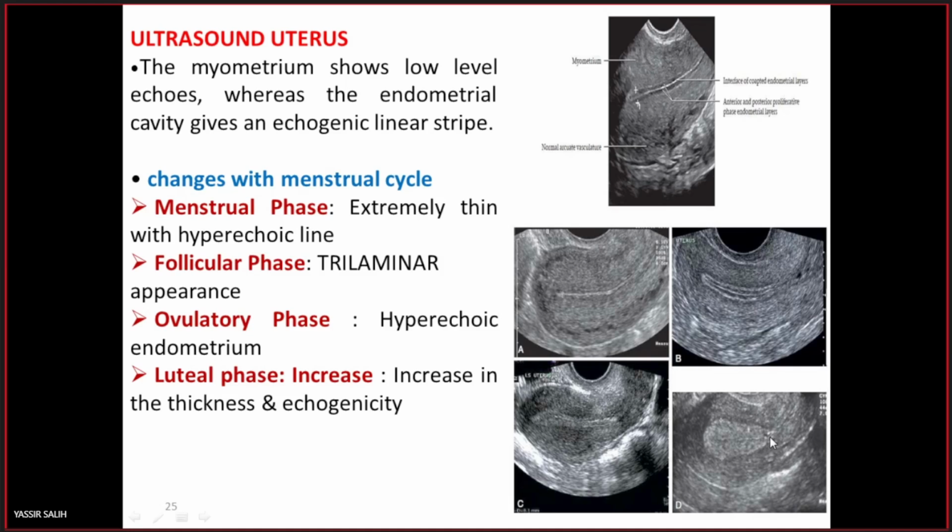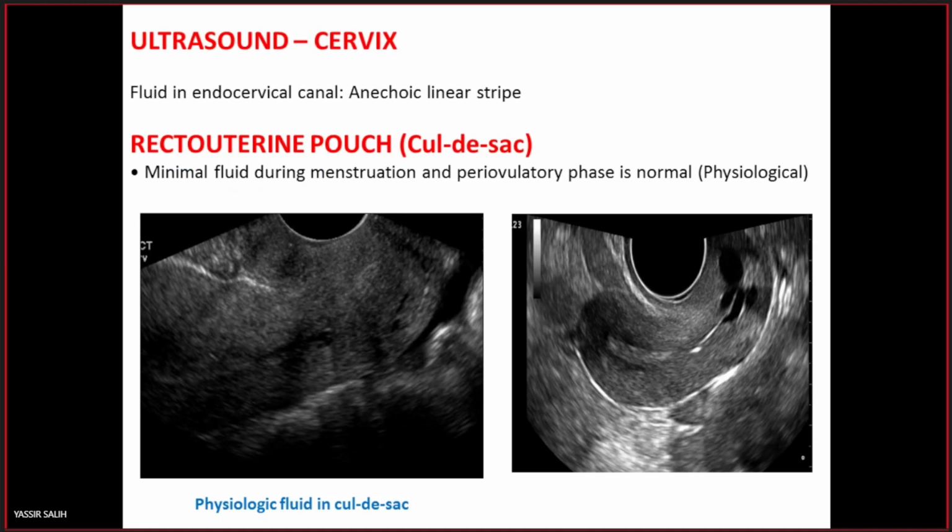In the luteal phase, the endometrium is also hyperechoic but very thick. There is increased thickness of the endometrium. So this is the appearance of endometrium according to the menstrual cycle.